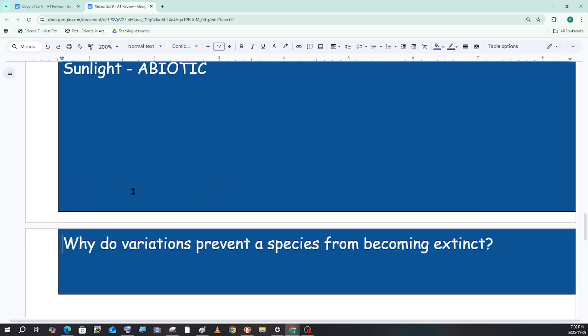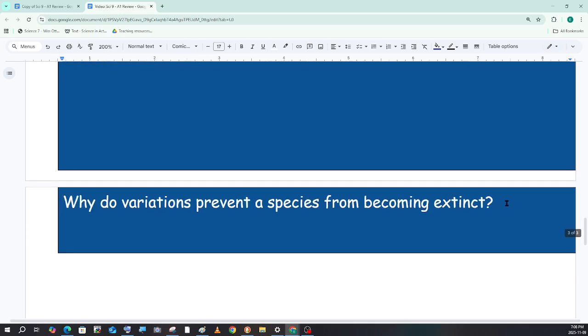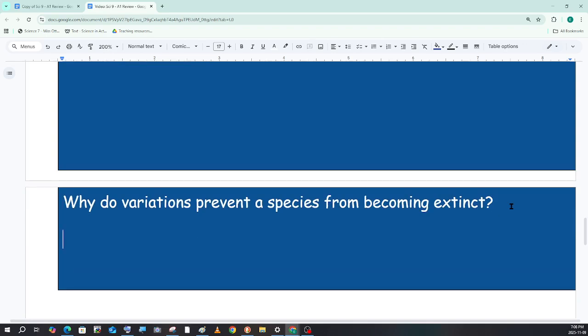Okay, so one last thing to talk about before I sign off here is why do variations prevent a species from becoming extinct? All right, well, apart from that banded snail example that I referred to earlier, we also learned about a special bird.